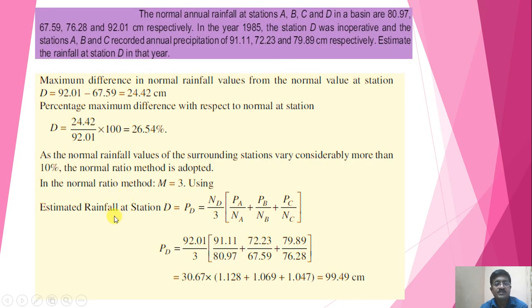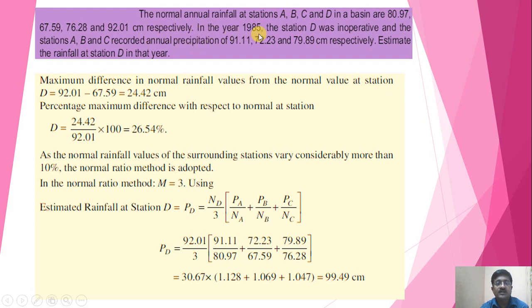Now let us see an example, a very simple one. The normal annual rainfall at stations A, B, C and D in a basin are 80.97, 67.59, 76.28 and 92.01 centimeter respectively.